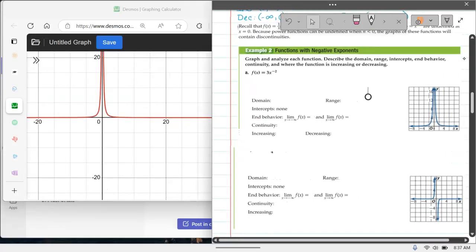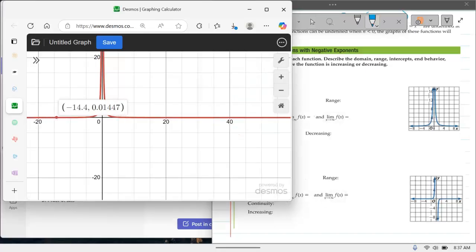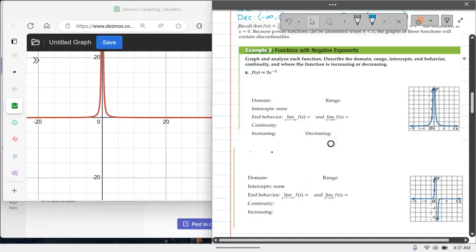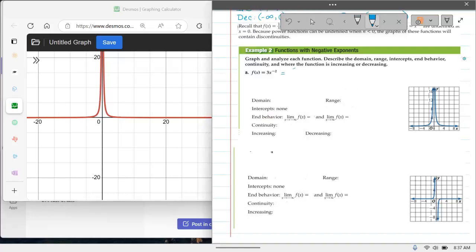Okay, so let's talk about the domain here. It appears that there is graph except at 0, which makes sense because this function is really 3 over x squared, we have a fraction, and the denominator cannot be 0. So we know that we're going to go from negative infinity to positive infinity, but we're going to have to break it at 0 because x cannot equal 0.